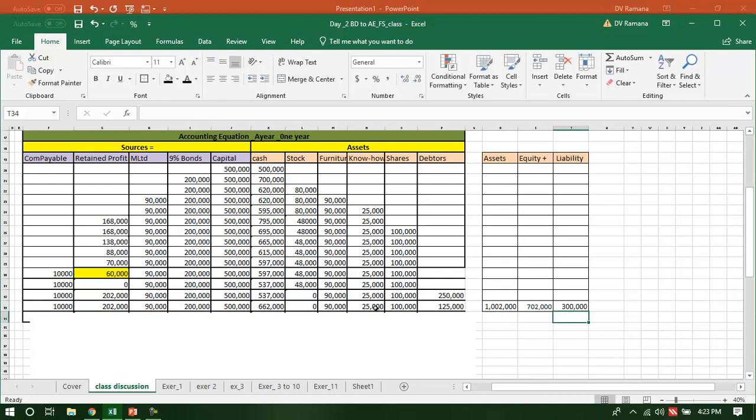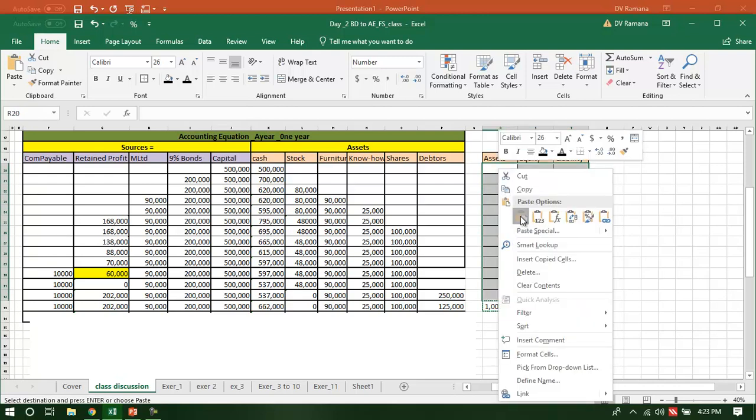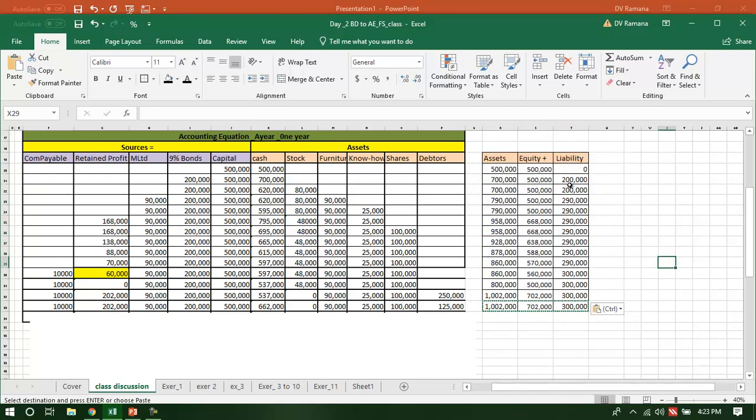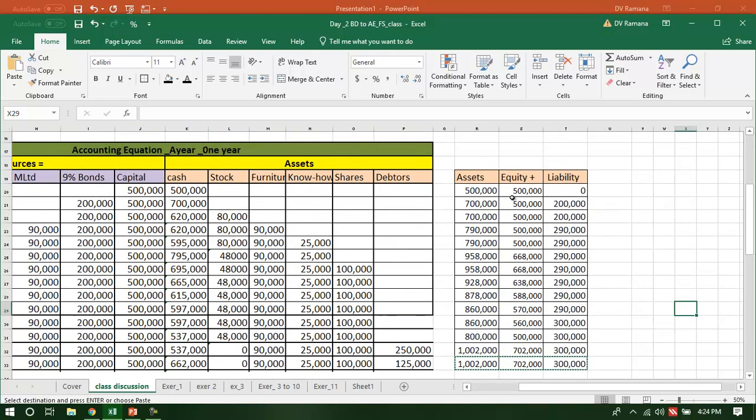We can see that the summation of E and L is equal to 1.02 million. We can copy this to the rest, so that we can see that after every transaction, A is equal to E plus L.